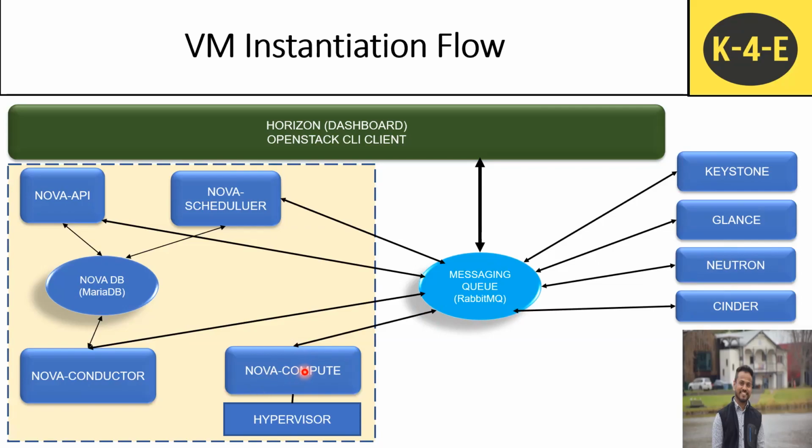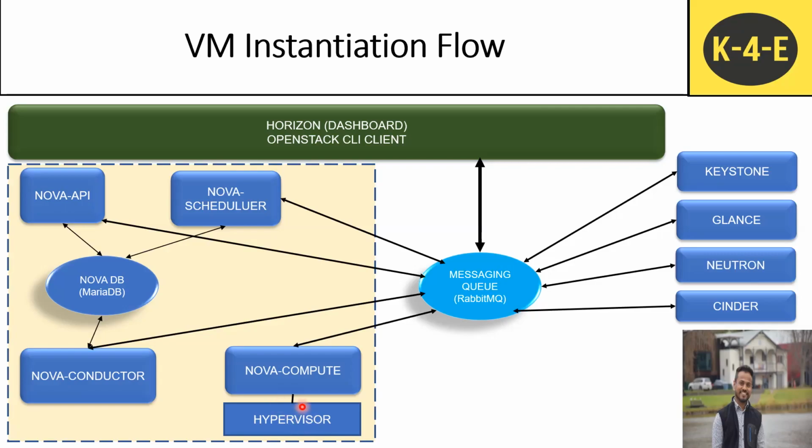If you know hypervisors, you already know that a hypervisor has an API, or a language, used to talk to it, basically a tool called libvirt. So OpenStack uses libvirt to send commands to the hypervisor.